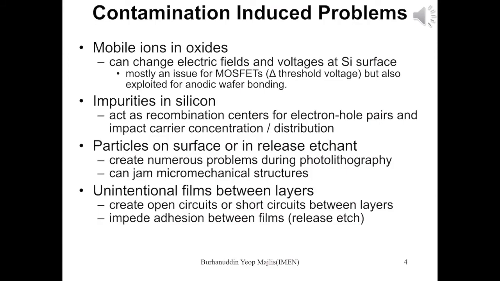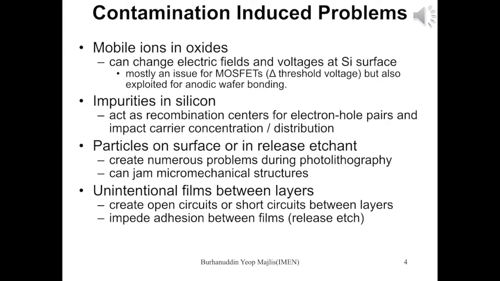So what problems can we have if we have contamination? We call it contamination induced problem. One is to the device that we fabricate, and another one is on the process when we do fabrication. First, mobile ion. Mobile ion exists in oxide layer.